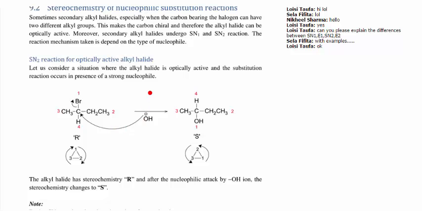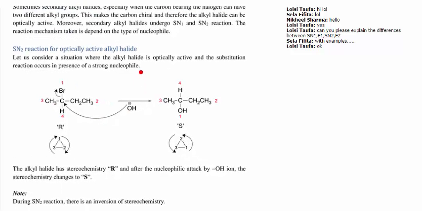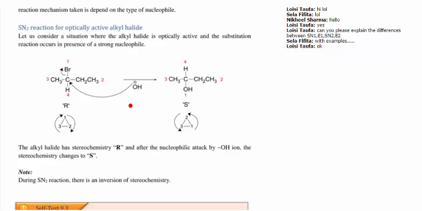So what happens during an SN2 reaction is that for chiral molecules, when the nucleophile gets attached to the carbon and the leaving group leaves, the stereochemistry becomes opposite.